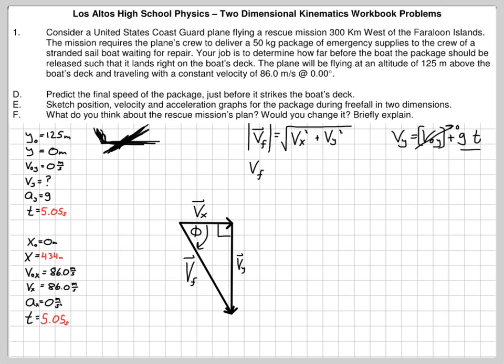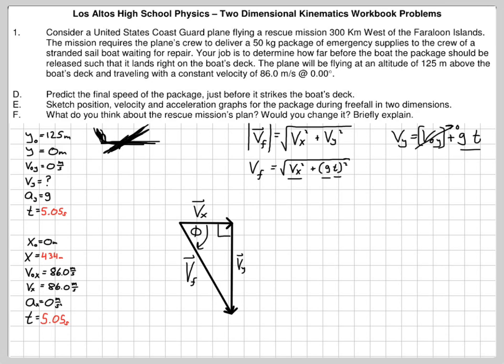So I'll rewrite this. If I write it as just V sub f, or V final, without the vector absolute value signs, that represents the magnitude of that vector, so its speed, the length of that diagonal line. So I'll write this again clearly as the square root of Vx squared plus quantity gt squared. Cool. This is 86 squared, that's the negative 9.8 and the 5.05.